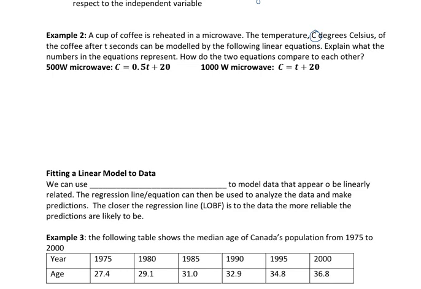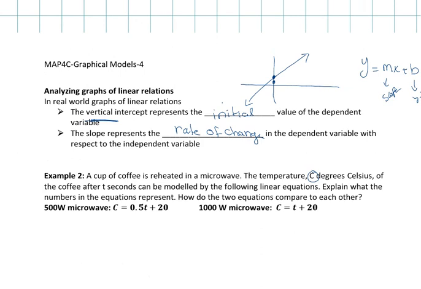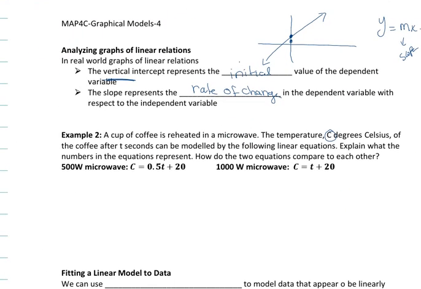The y-intercept. And we said that the y-intercept is the initial value, right? So that means that's the initial temperature of the coffee. So when you put that coffee in the microwave before you heat it, what was the temperature of it? 20 degrees.